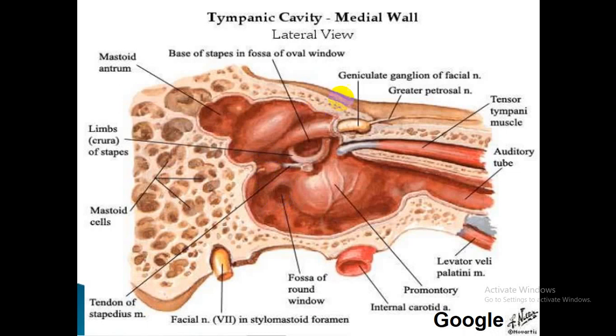Now the facial nerve, this is the facial nerve, and this is the lateral semicircular canal.